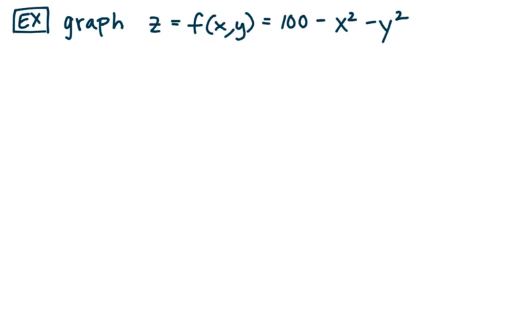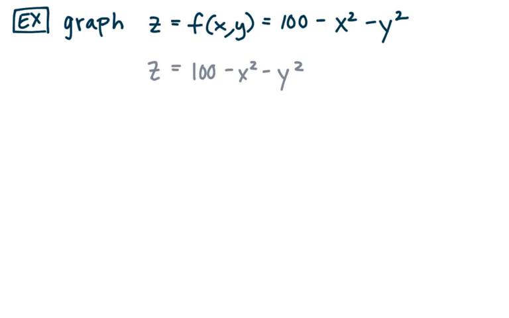So we can get rid of that f of xy and just say z equals 100 minus x squared minus y squared. So what is this? We learned about quadric surfaces in chapter 12 prior to this. So what quadric surface is this going to represent?